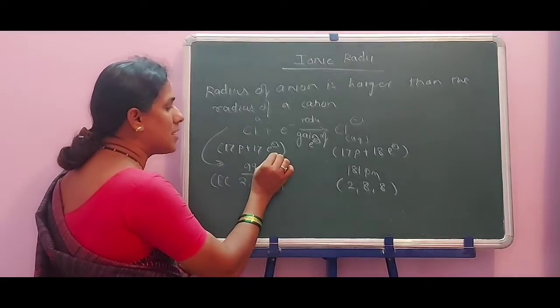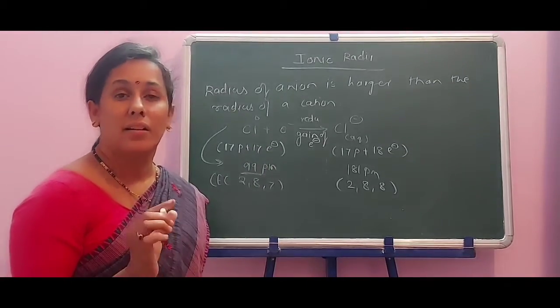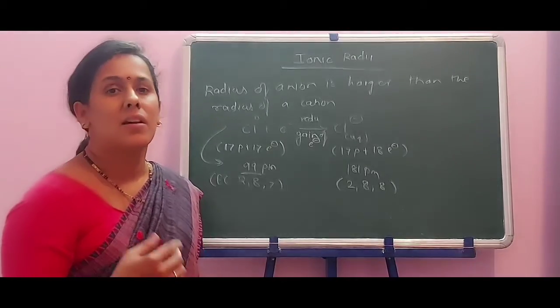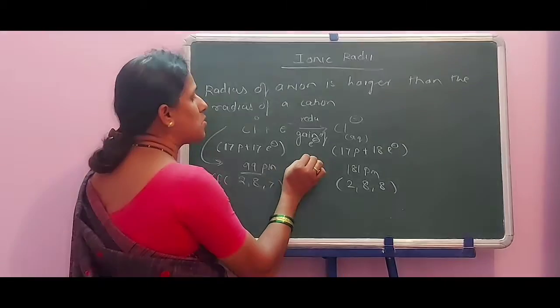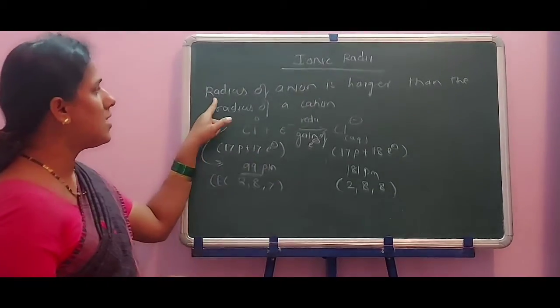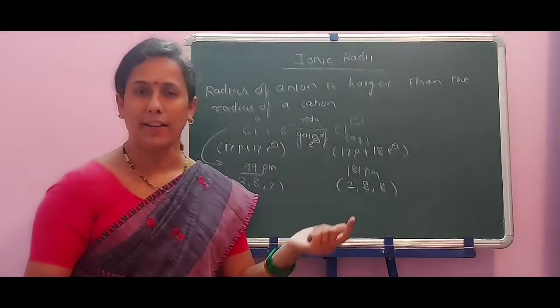As nuclear charge decreases, the attraction between the positively charged nucleus and the large number of electrons present in the outermost shell decreases, and that's why the radius of an anion is larger than the radius of a cation.